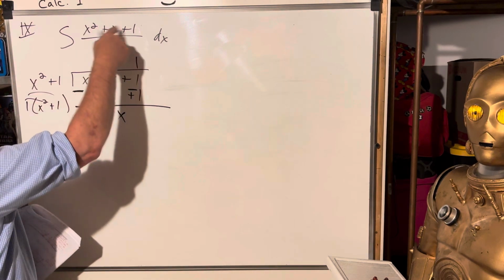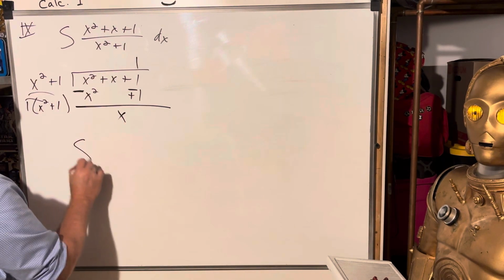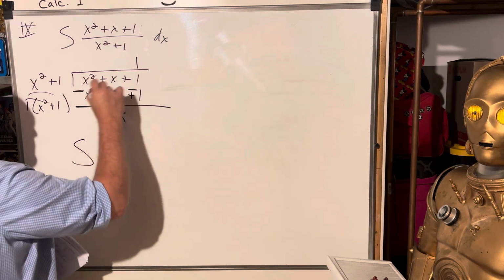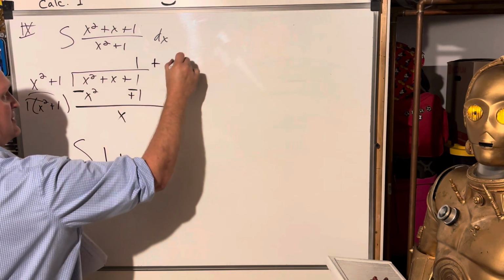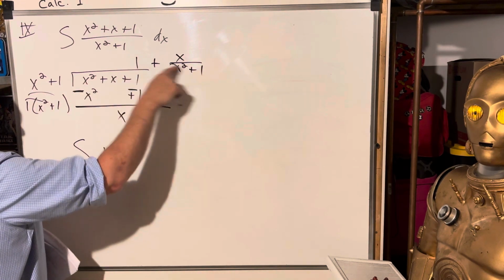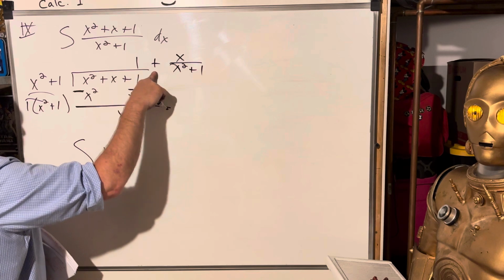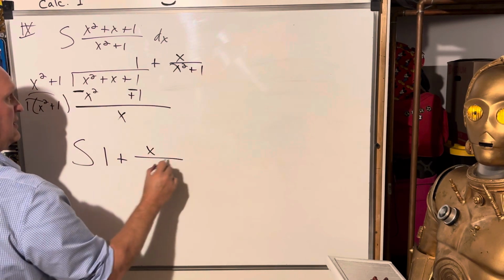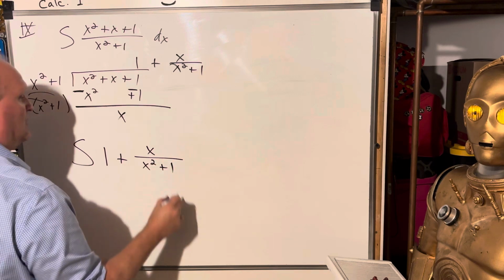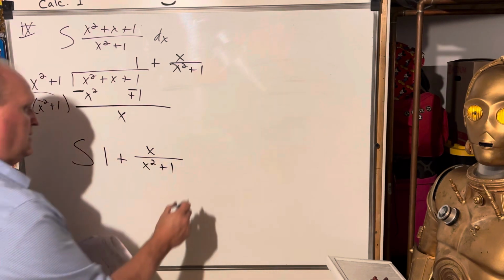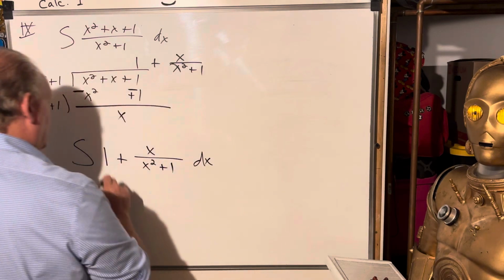So as a long division problem, the actual quotient is 1 plus the remainder over the divisor, x over x squared plus 1. And so now we can work it like a regular problem here, dx.